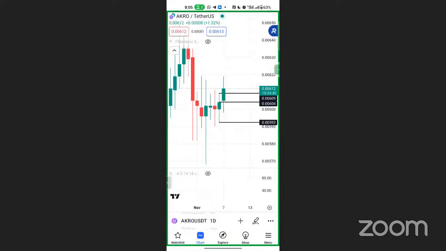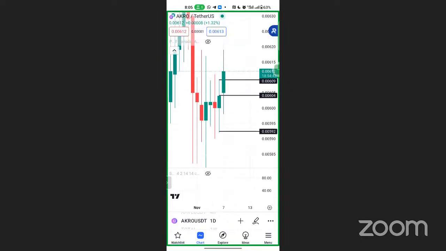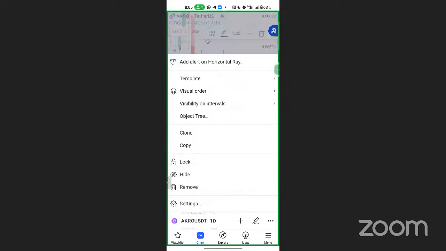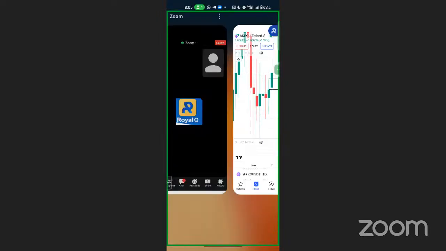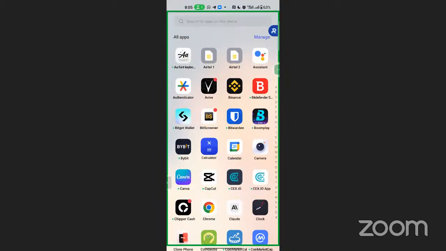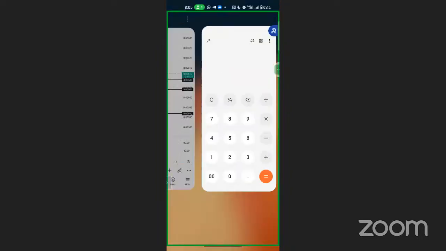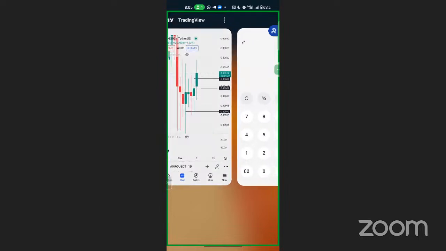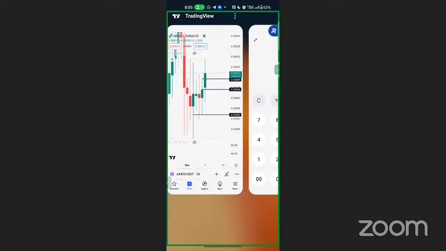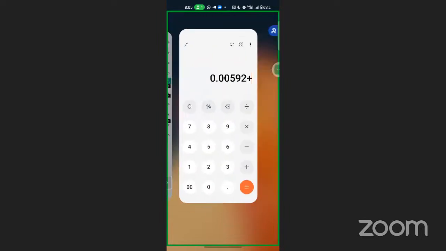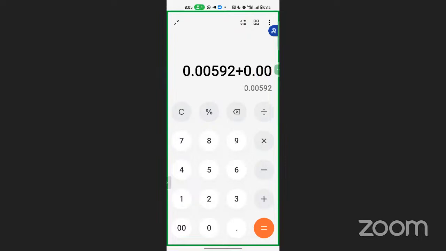So let's go to a calculator. This may not be so perfect, but it will be just close. Okay, let's get to a calculator so that you can know how pivot points come about. Yes, so yesterday's low 0.0059592 plus the close, which is 0.00604.